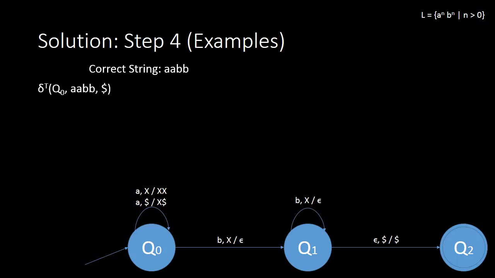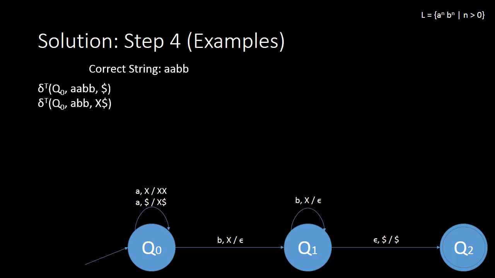From the diagram we can see that if the input is Q0 and the input character is A, and if the stack top is dollar, then we must push an X and keep the state as Q0. So the delta t function becomes Q0 ABB because the leftmost A has been parsed, and the stack becomes X dollar because an X has been pushed.